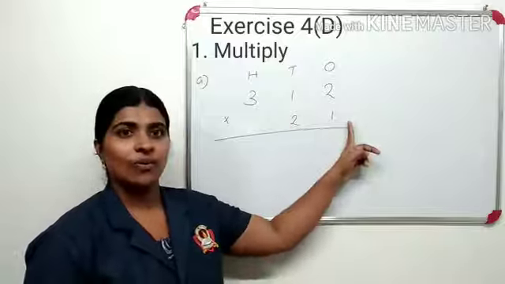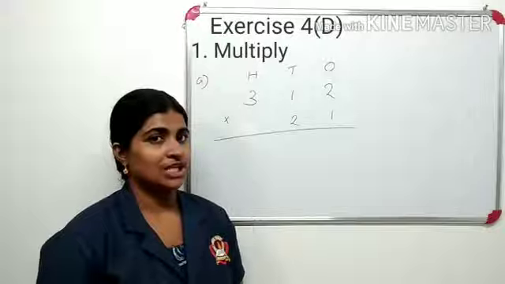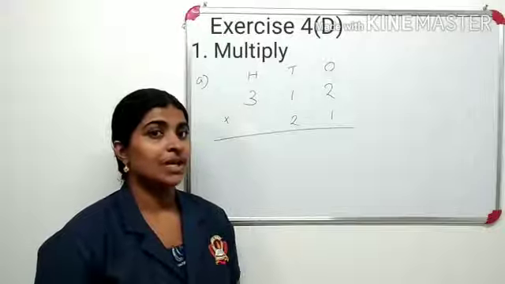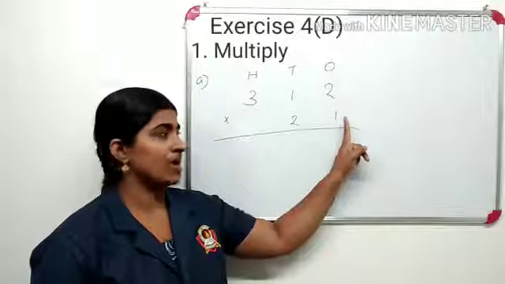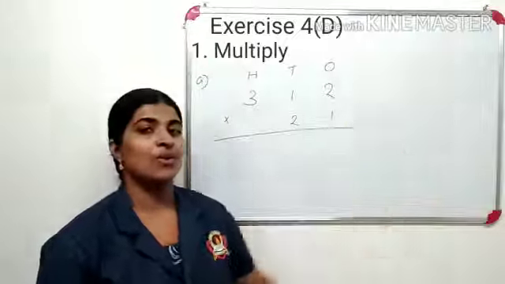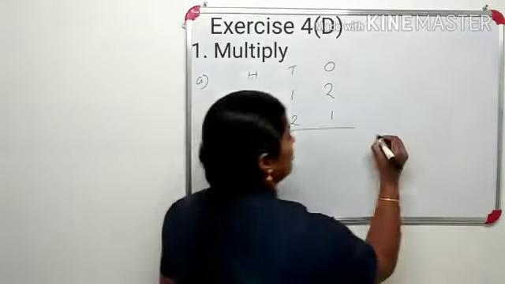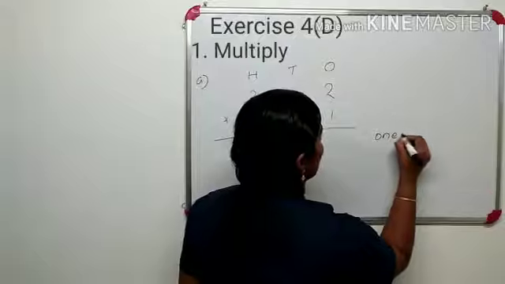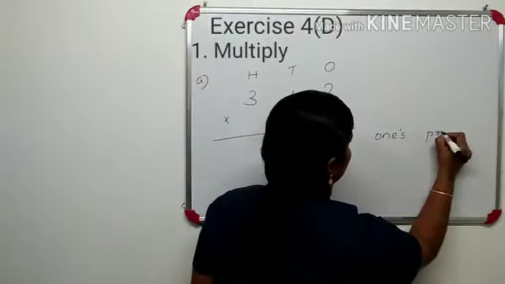2 and 1. Here we are starting our multiplication from the ones digit of our multiplier, and that product is called ones product, and we are writing the ones product in this row.